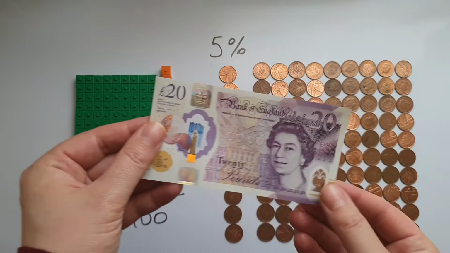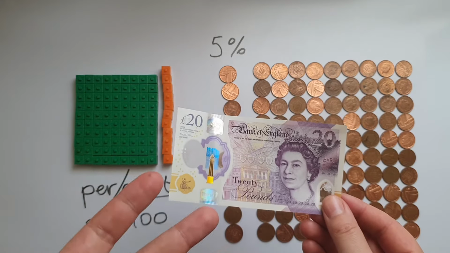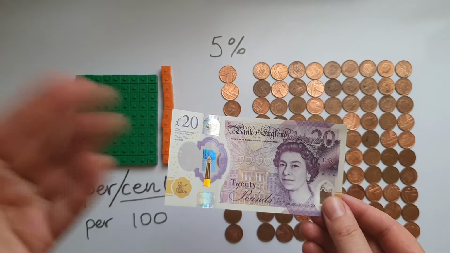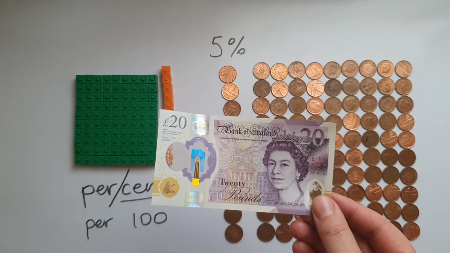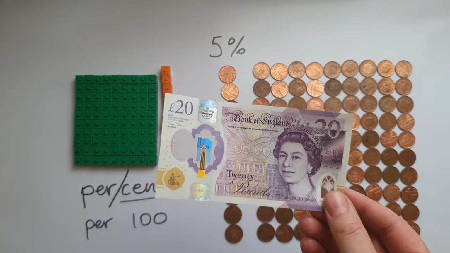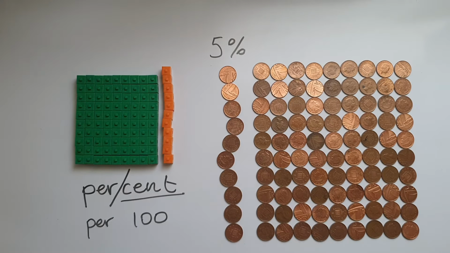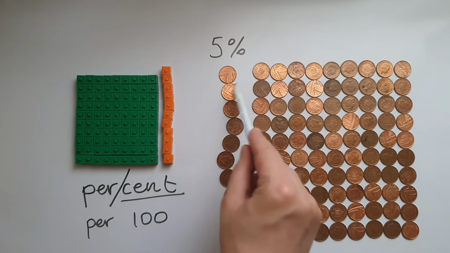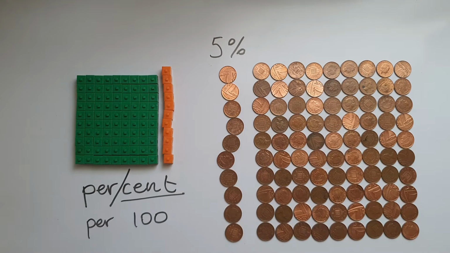So, referring to the £20, 10 pence in every £1. What about £20? So 10 times 20, which gives us 200 pence or £2. What do you notice? How many columns do I have here in total? There is 1, 2, 3, 4, 5, 6, 7, 8, 9, 10.